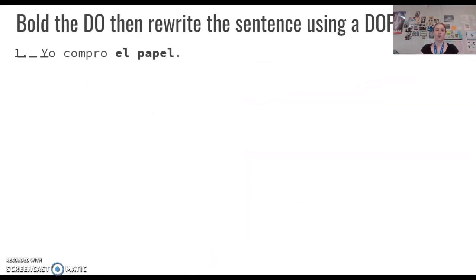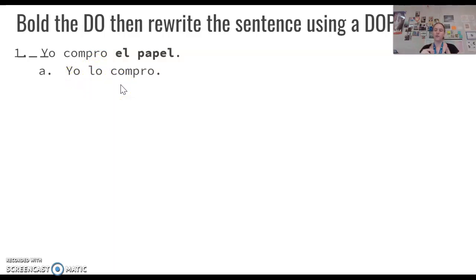So if we look at number 1, yo compro el papel. El papel is the direct object. Who or what do I buy? A paper. When I rewrite it, instead of saying "I buy the paper," it's "I buy it." And this "it" comes first, so it's like "I it buy."